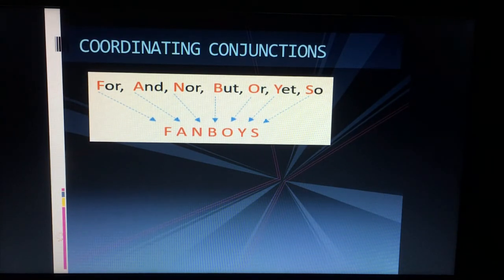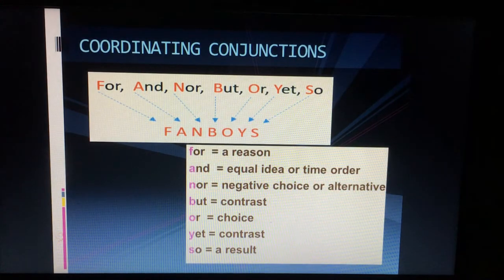This is a very easy way to memorize coordinating conjunctions. For gives a reason, and shows equal ideas or time order, nor shows negative choices, or shows alternatives, but shows contrast or choice, yet shows contrast, and so shows a result. This is the list of coordinating conjunctions.